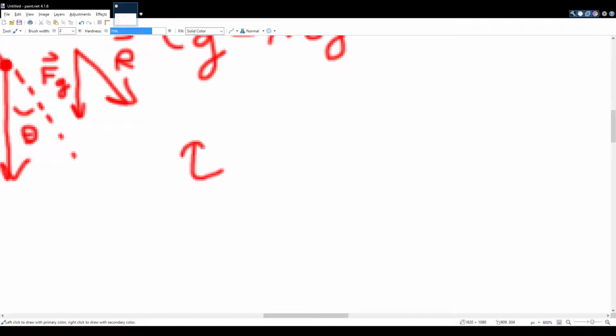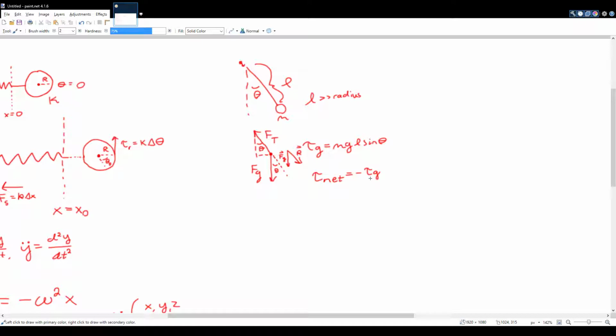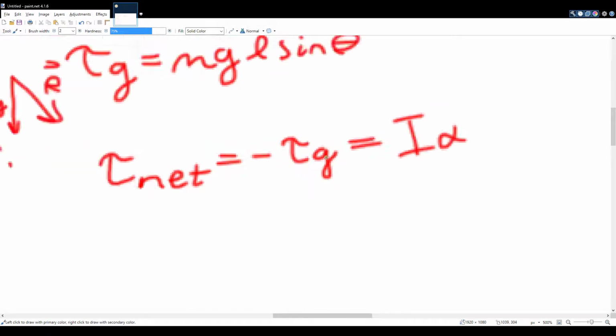And the net torque is equal to the negative torque caused by gravity, for the same reason as with the mass spring system. The torque is causing it to angularly decelerate, so this is equal to the moment of inertia times angular acceleration.